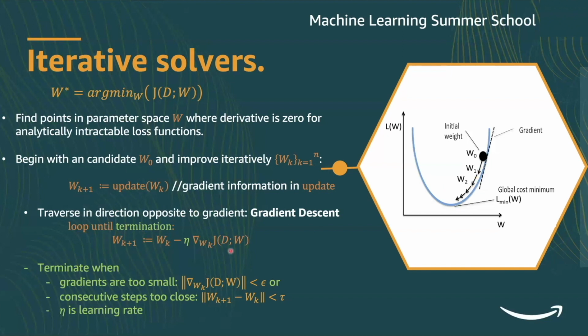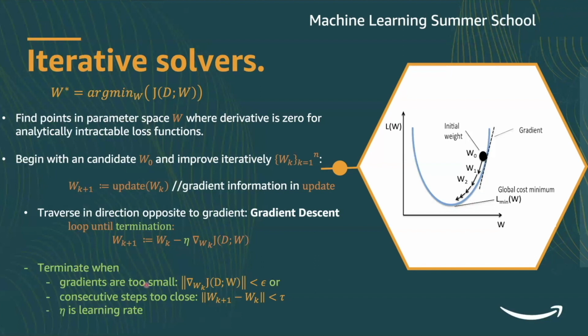So the equation looks like this. w(k+1) is nothing but wk minus eta times nabla J. Nabla J is nothing but the gradient computed at wk. This eta here is the learning rate, because we don't want to overshoot and go past the minimum.